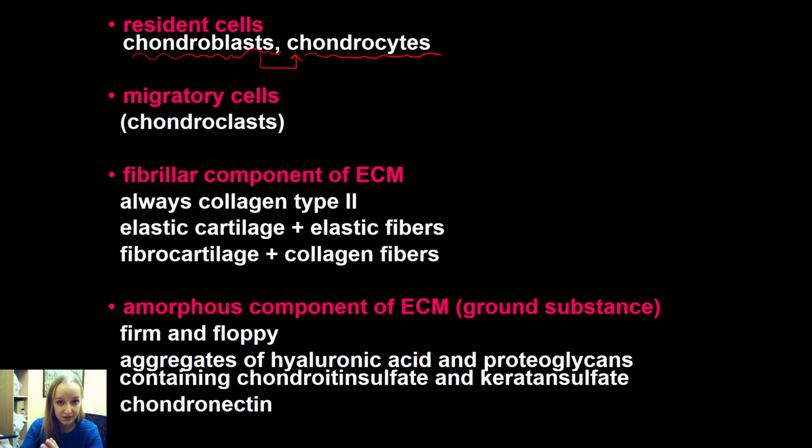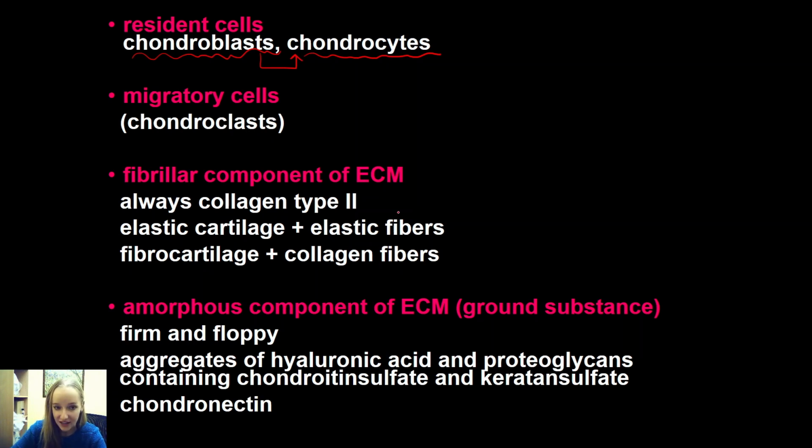Chondroblasts can divide and also chondrocytes can divide. So that's a little bit different. Even though chondrocytes are less active than chondroblasts, they are still active enough that they can divide. I hope you understand.